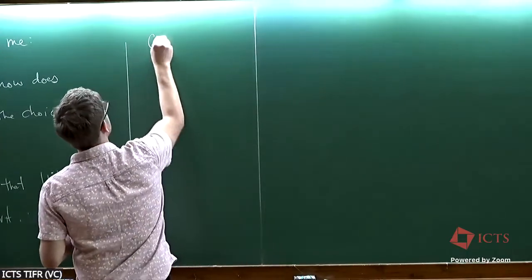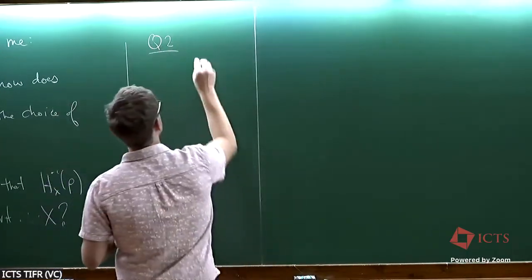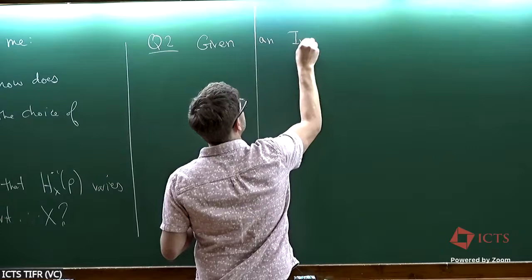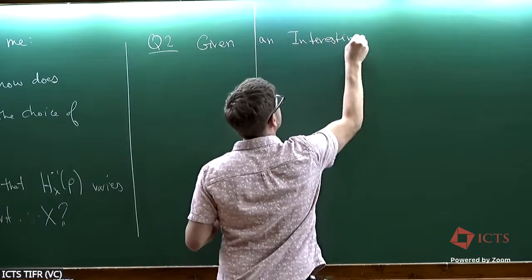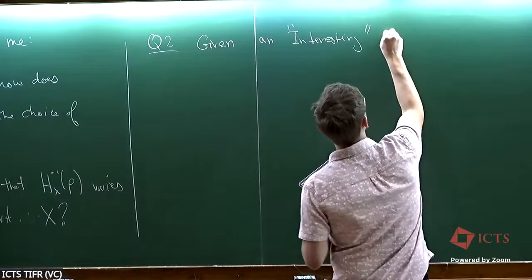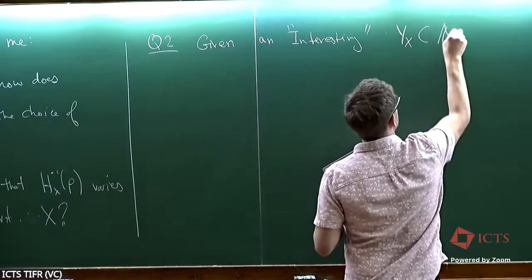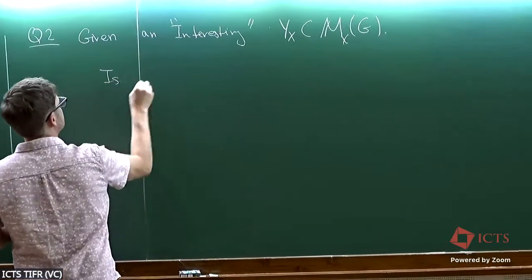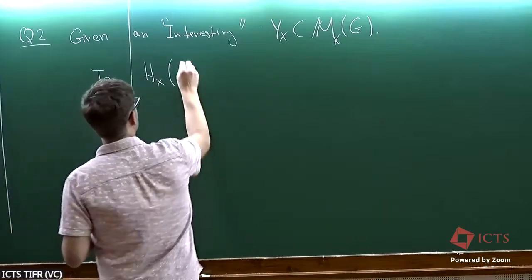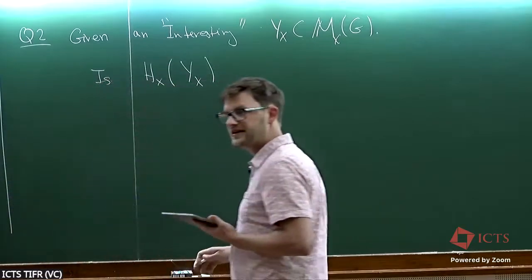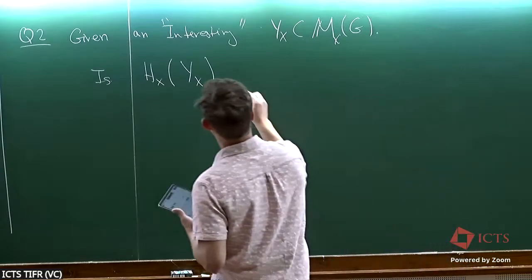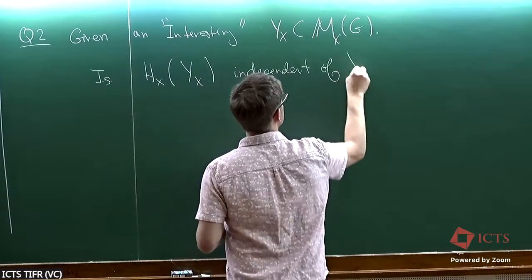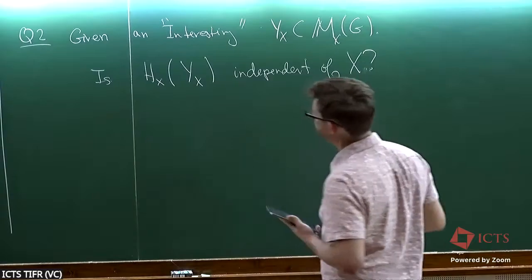The second question that I've always been quite interested in is, given an interesting, in quotes, subvariety of this Higgs bundle moduli space, is pushing it over by this non-abelian Hodge map, getting this thing in the character variety, independent of the Riemann surface X?